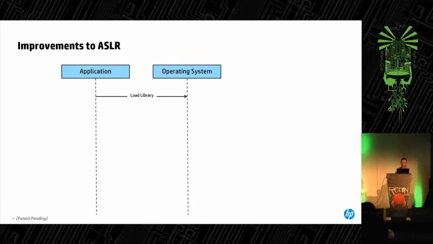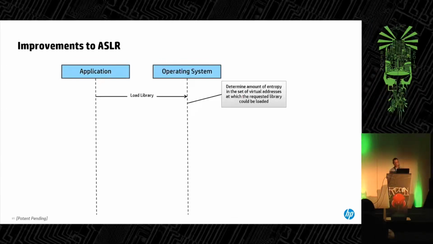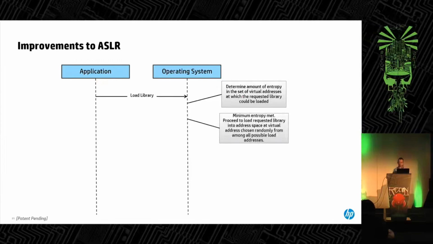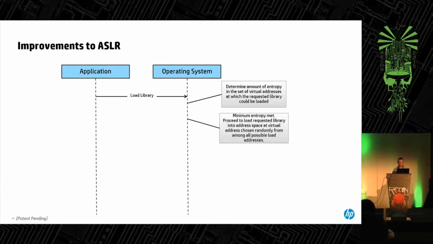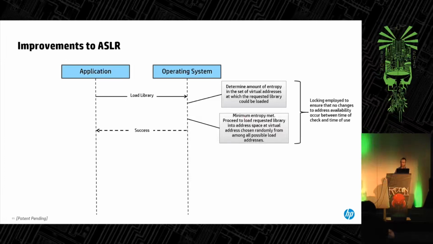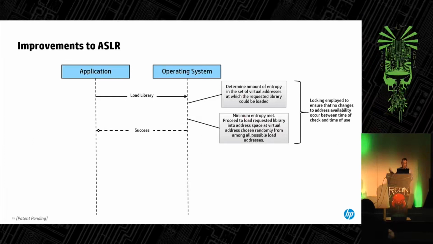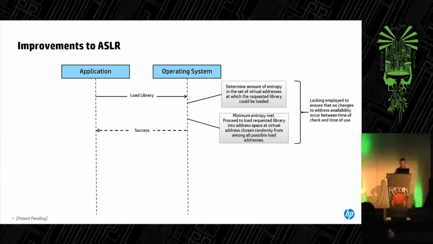The application requests the module to be loaded. Kernel examines how many places in memory are available for the module to load. Kernel decides that the minimum threshold is met, and it proceeds to choose one of the possible load addresses at random, it loads the module, and it returns success to the caller. While the kernel is responding to the module load request, it locks changes to the address space to prevent a time of check, time of use attack.